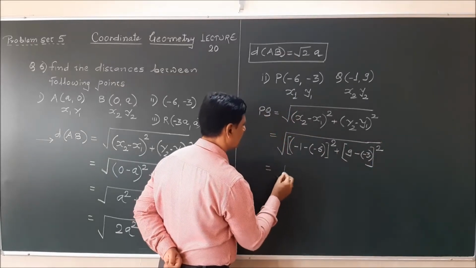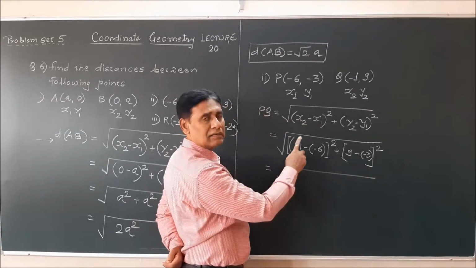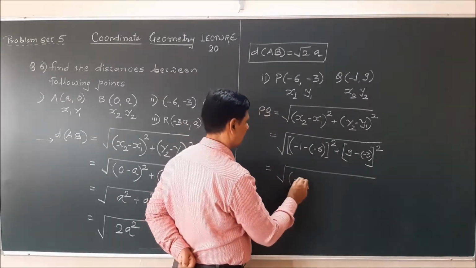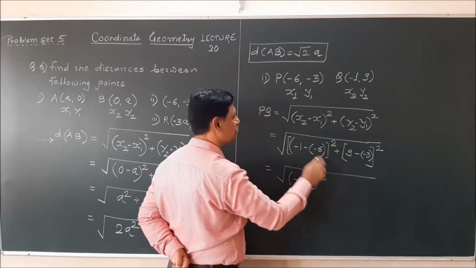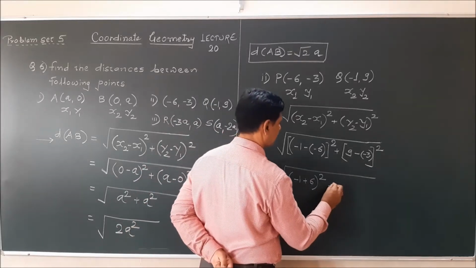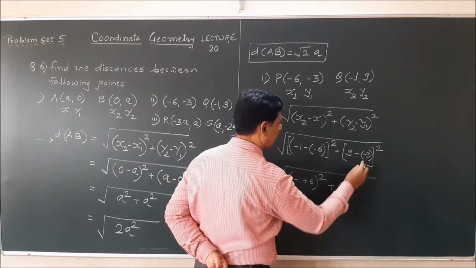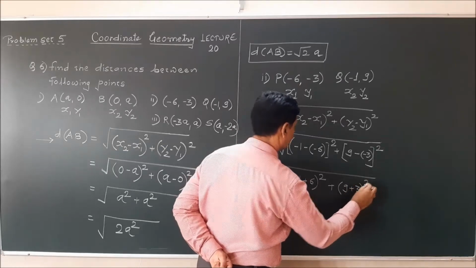That gives us the next step as minus 1 plus 6, the whole square. Minus into minus is plus. Now plus 9 plus 3, the whole square.